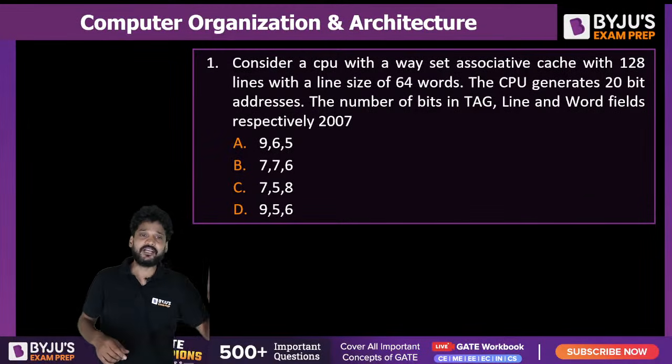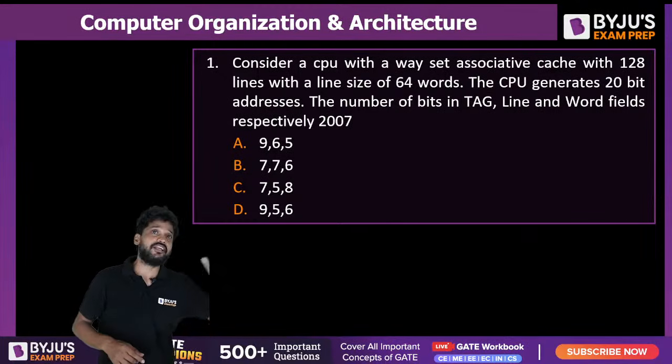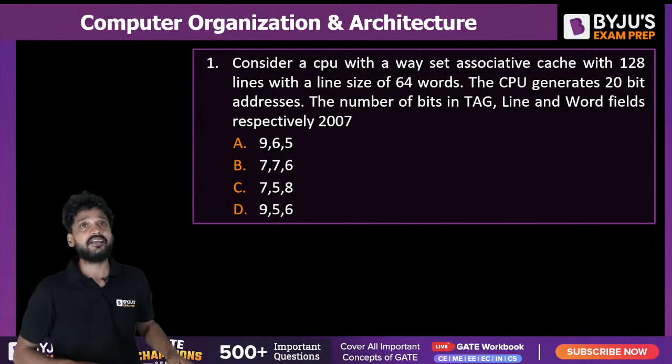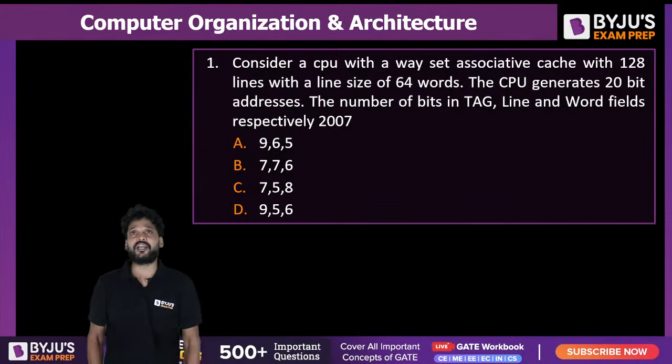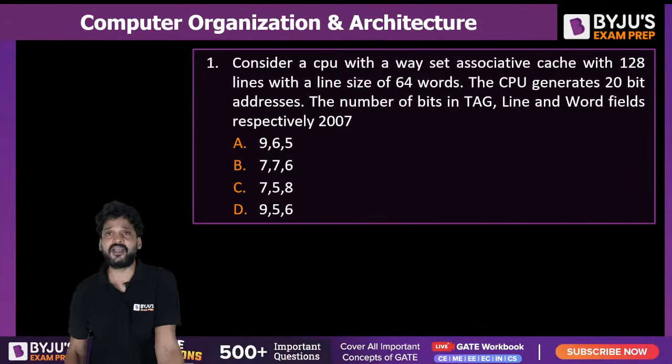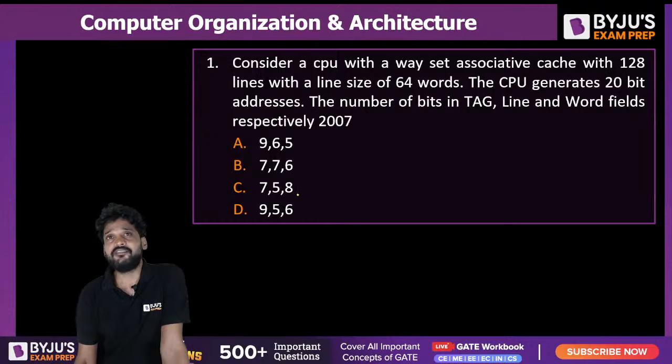It could be a direct mapping technique, or rather a set associative mapping technique, or an associative mapping technique. Now here we've been asked about a 4-way set associative cache. The 4-way set associative cache is the kind of cache in which the tag bits will be equal to tag plus 2 and the block bits will be equal to block minus 2. Let me show you how we'll be able to solve this question.